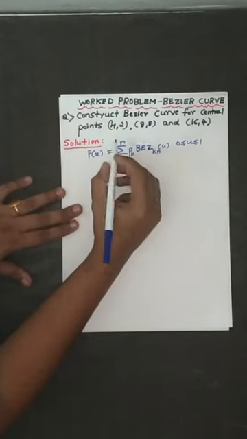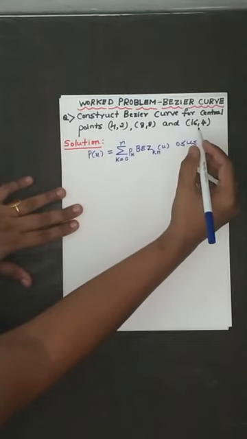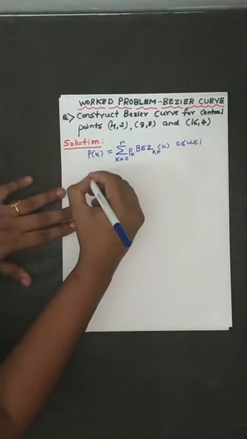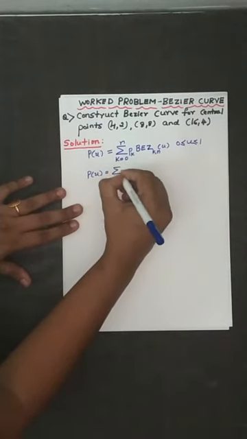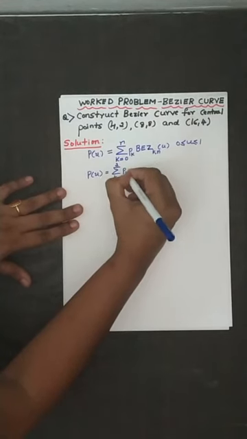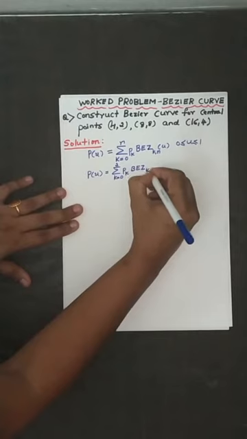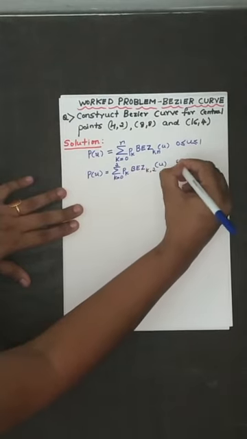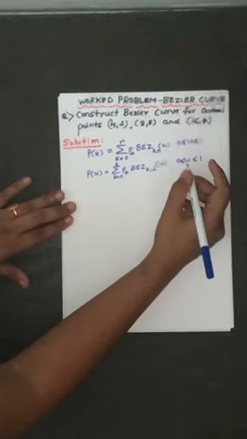So here in this example n is 2 because 3 control points are given. So we will substitute n. The equation becomes P of u is the summation k equals 0 to 2 of P of k, Bezier function k of 2 of u, where u lies between 0 to 1. Now we will expand.